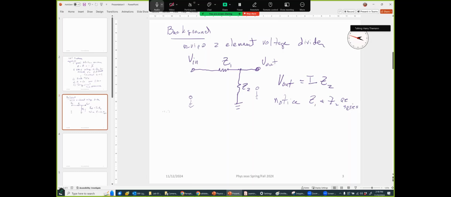So, side note, the Z rules of combination, so you might want to write that out so you know what to look at later. The rules of combination for impedances are the same as for resistors. So if they're in series, Z total equals Z1 plus Z2.